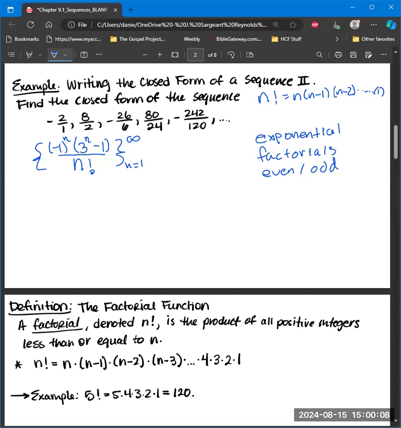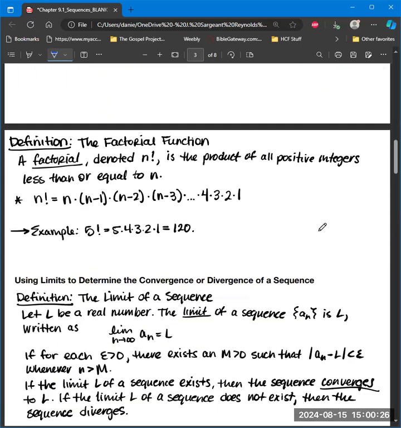We'll talk about some other things that you need to be able to recognize. Power functions like the sequence of all of the perfect squares, the sequence of all of the perfect cubes, and so on.